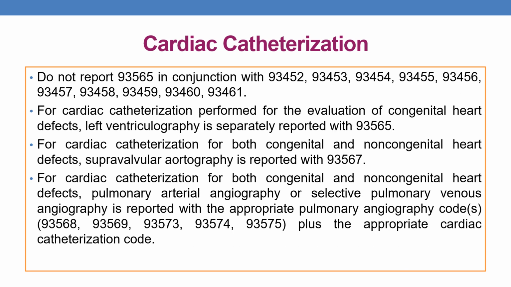One important point is we should not report 93565 in conjunction with 93452, 453, 454, 455, 456, 457, 458, 459, 460 and 461. For cardiac catheterizations performed for the evaluation of congenital heart defects, left ventriculography is separately reported.